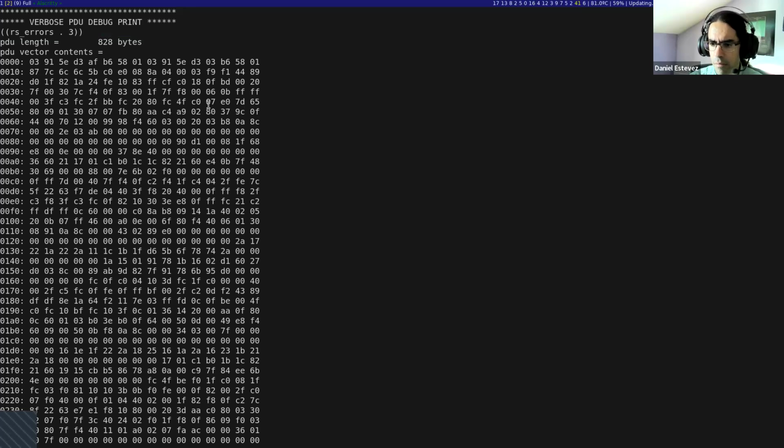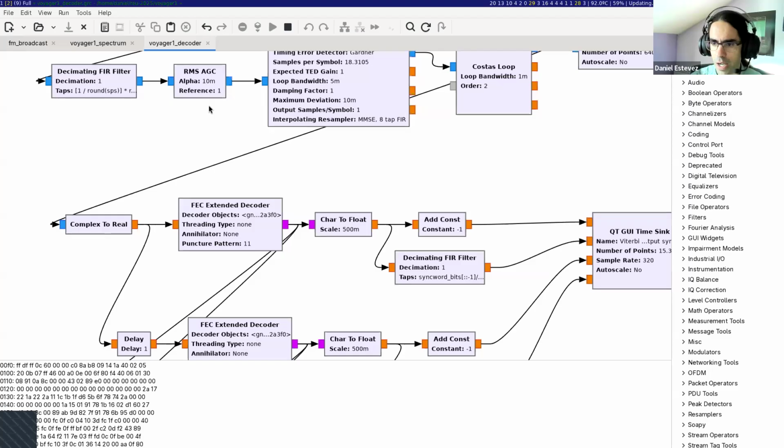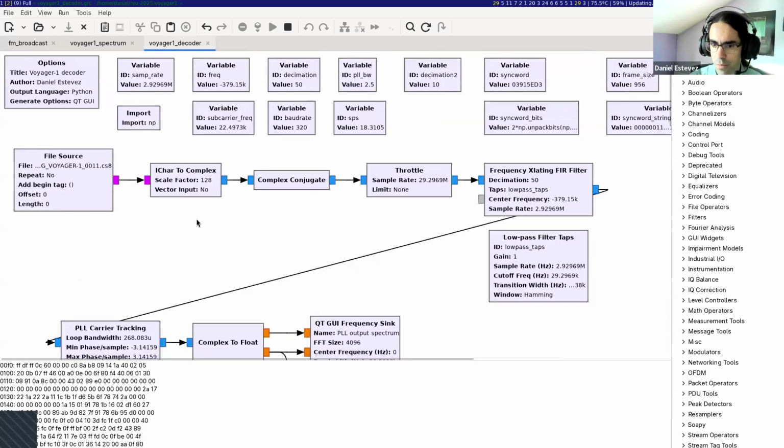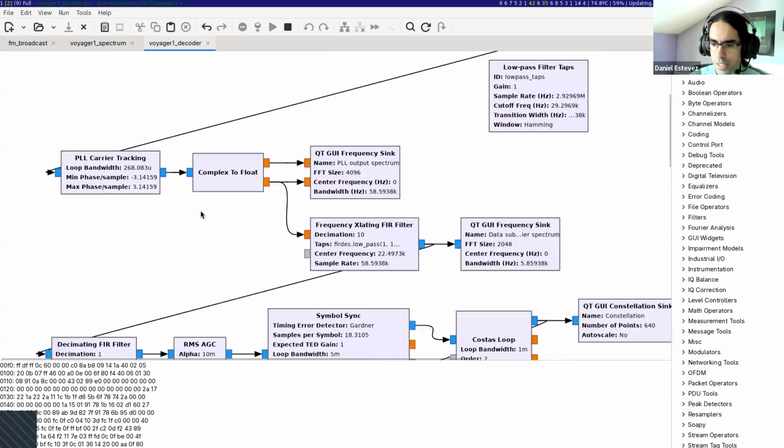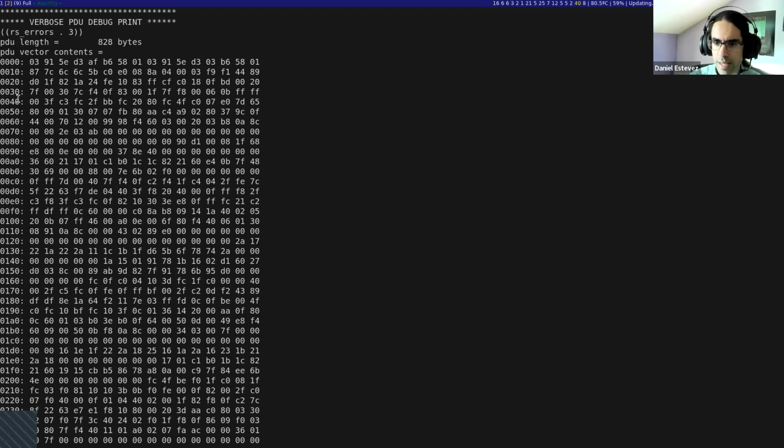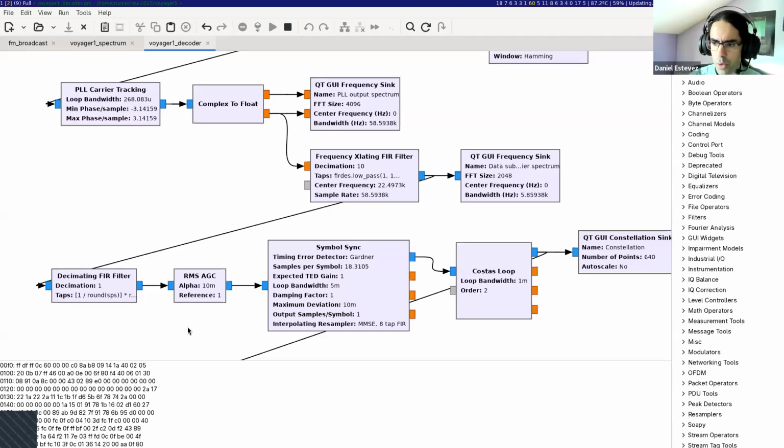So now, on the one hand, I think this is pretty cool that with anyone's computer, you can run this and have some Green Bank data turned into actual telemetry data that was recorded on the tape of the spacecraft and then later transmitted.